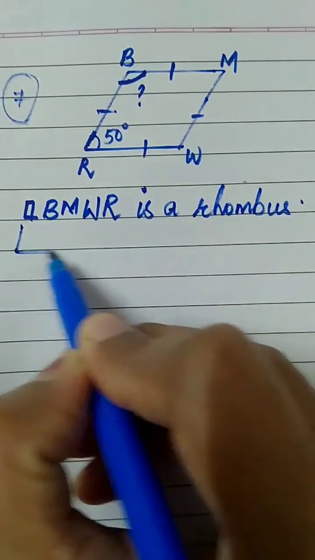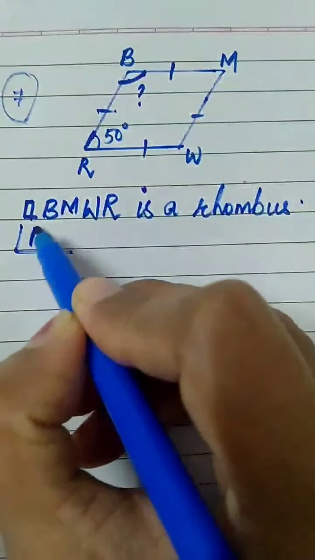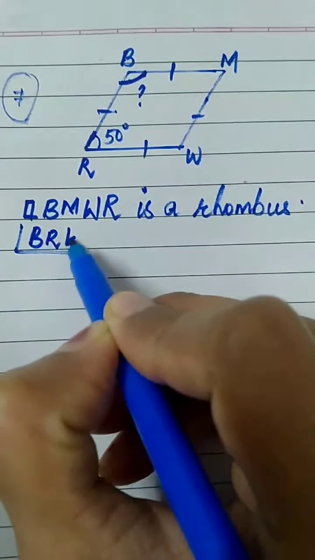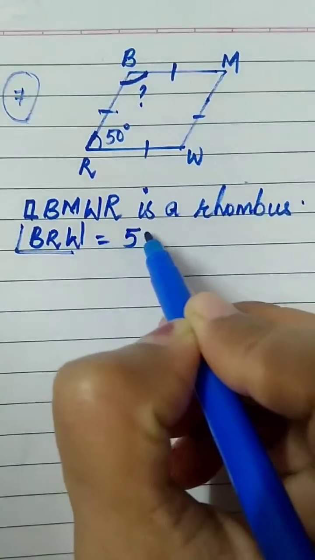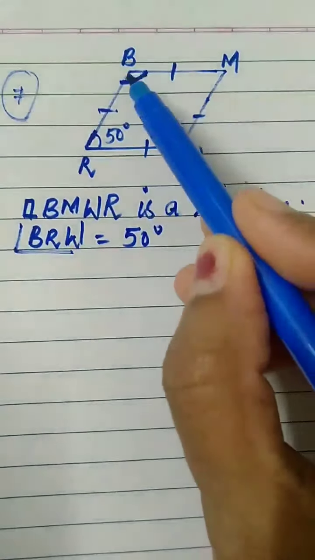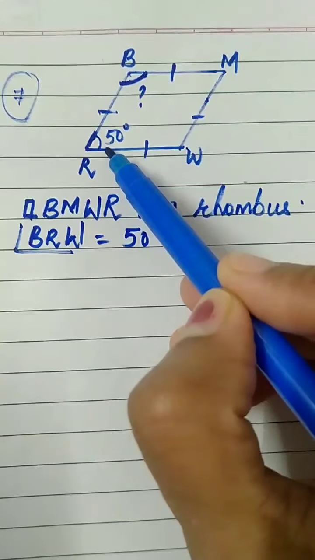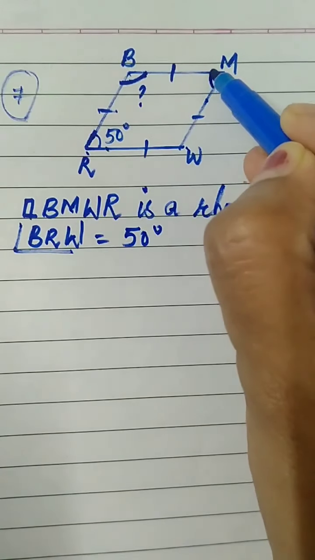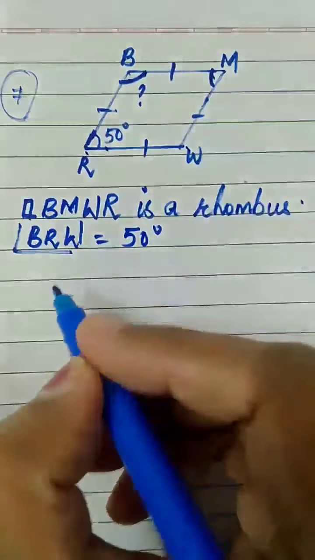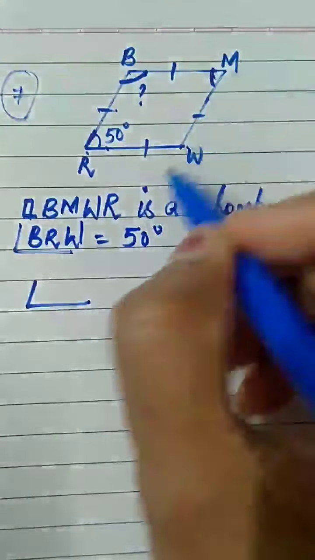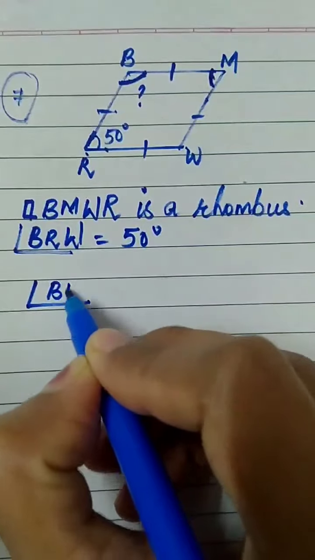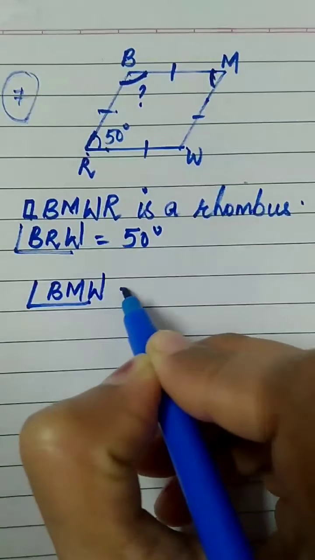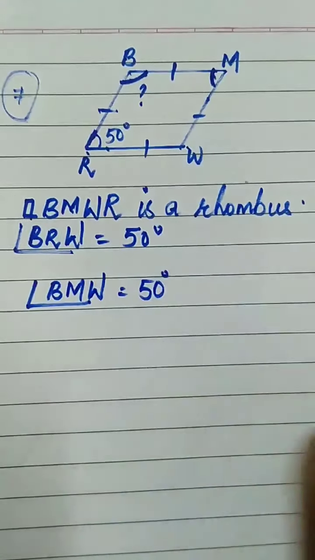What is the measure of the angle? Angle BRW is equal to 50 degrees. If BRW is 50, its opposite angle, that is BMW, the measure of angle BMW will be 50 degrees.